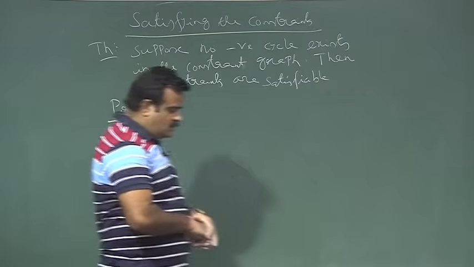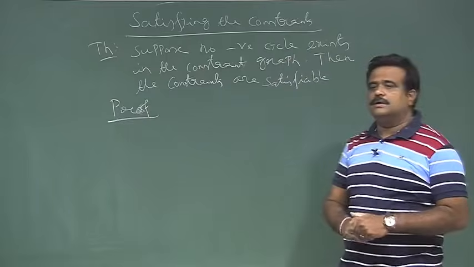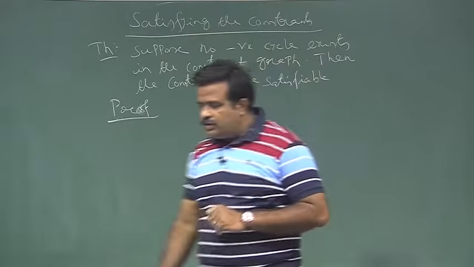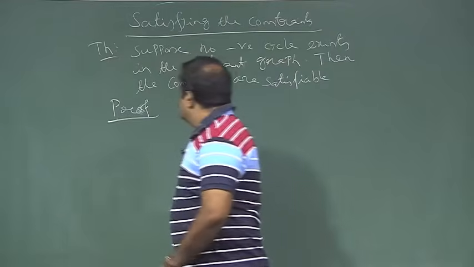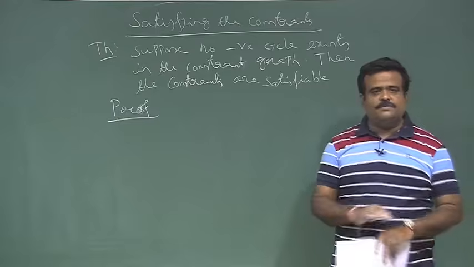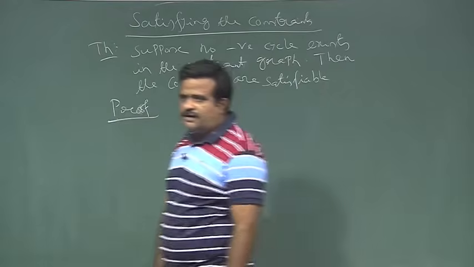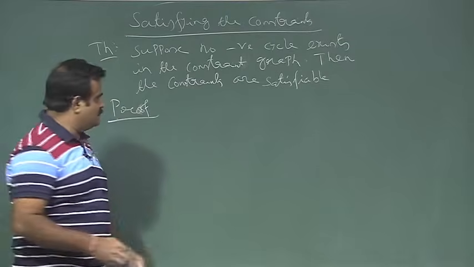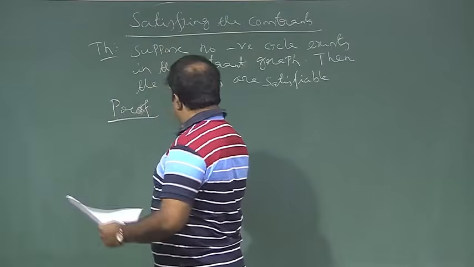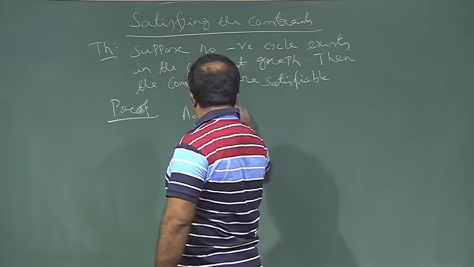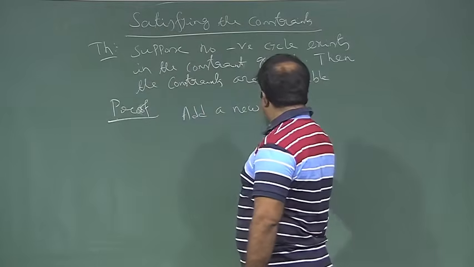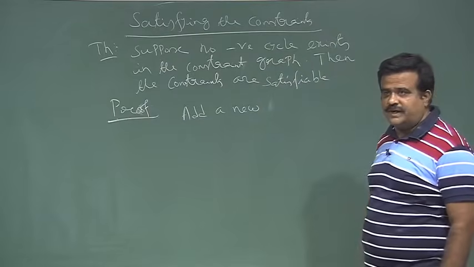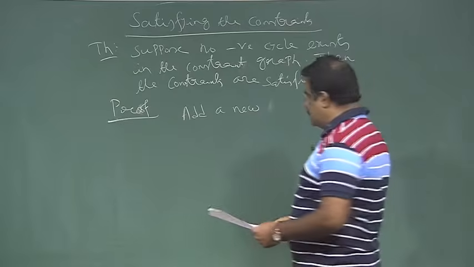To prove this, we just add some vertex in the graph. We have a system of constraints, from there we construct the constraint graph, and in that constraint graph we add a new vertex. That will be a starting vertex, a source vertex, because Bellman-Ford needs a source vertex. This is a single source shortest path algorithm.